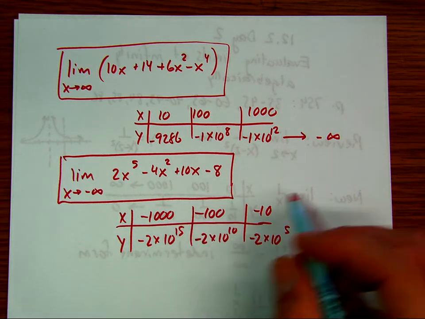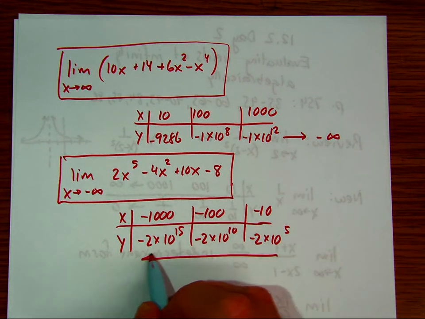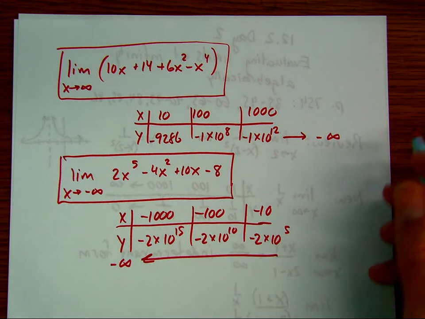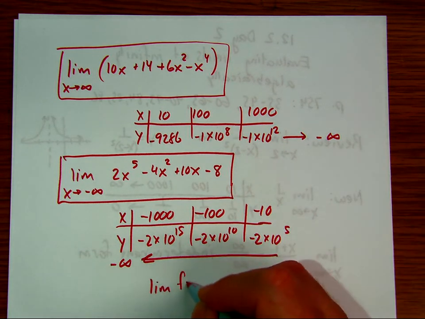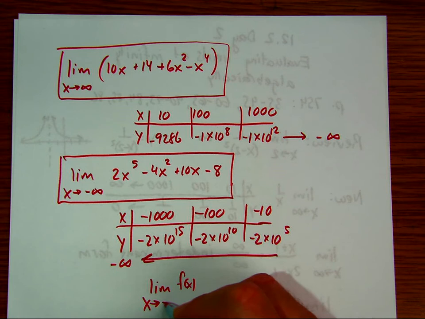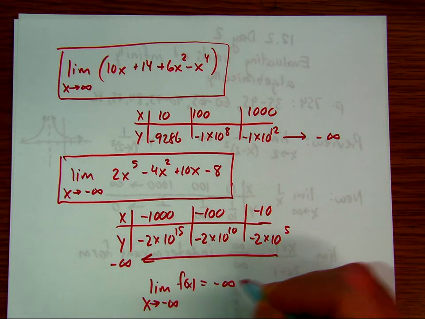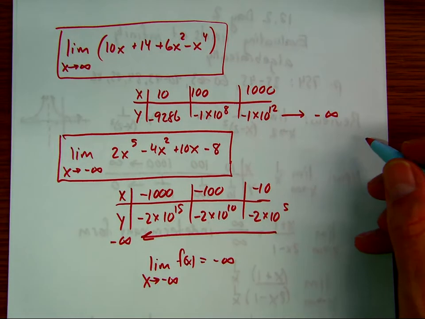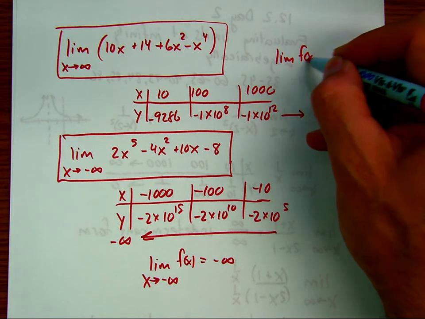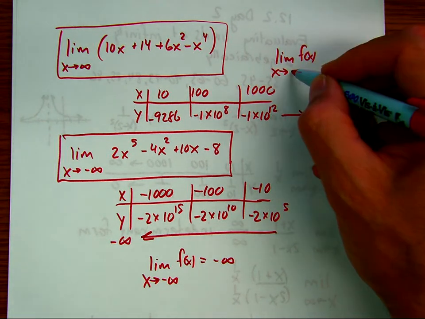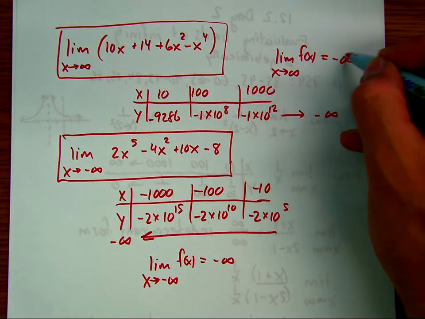So we see that these numbers are going to negative infinity. So we could say that the limit of the function as x goes to negative infinity is negative infinity. And up here we would say the limit of the function as x goes to positive infinity is negative infinity.